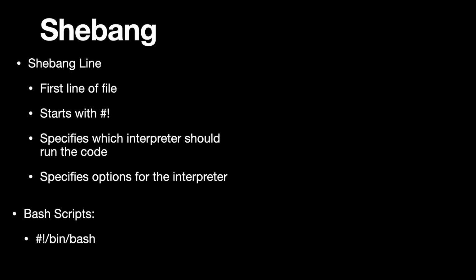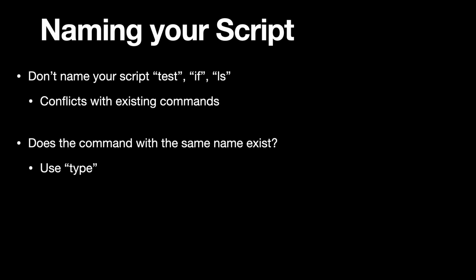So the last thing I want to talk about in this module is giving your script a name. A mistake that a lot of people make when they start writing bash scripts is that they name their scripts something like test, but that name is already taken by the command built into bash, which means that we have a naming conflict. Basically, that means that we will only be able to run our script by giving bash the full path name because the name is already taken.